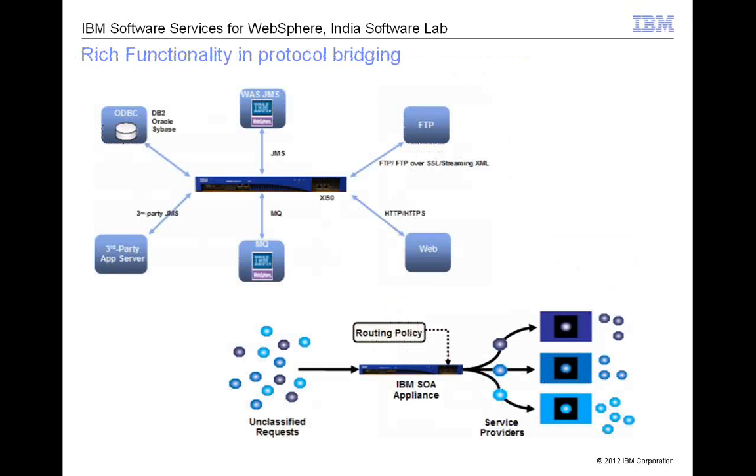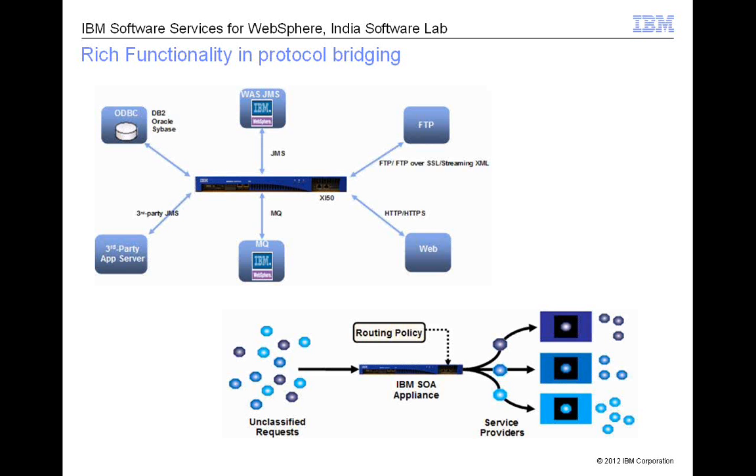Providing rich functionality in protocol bridging. I've explained this before. What you see on the left-hand side top picture is a DataPower device receiving and integrating with different kinds of applications. You have an Oracle or a DB2 or a Sybase database using ODBC. You have a third-party application server that you have to connect to with JMS.